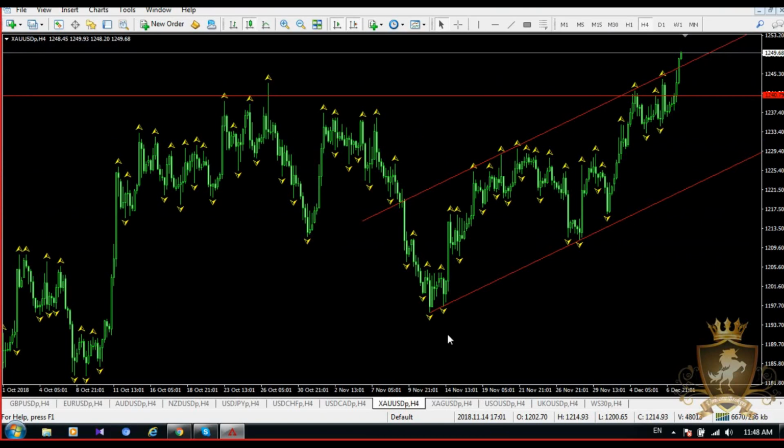For the newcomers, which currency pair do you suggest? The major pairs. Whether they're a rookie or even a professional, the major pairs. Up to here, we brought nine major pairs, and oil is also among them.